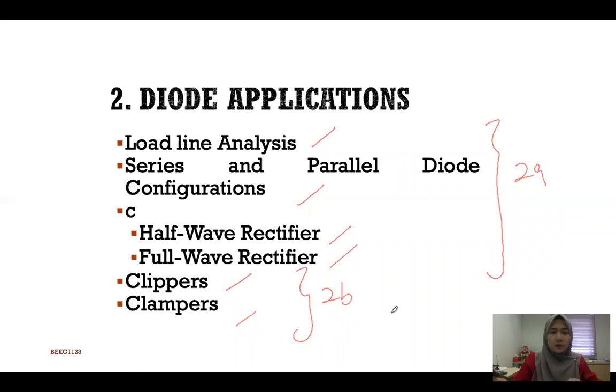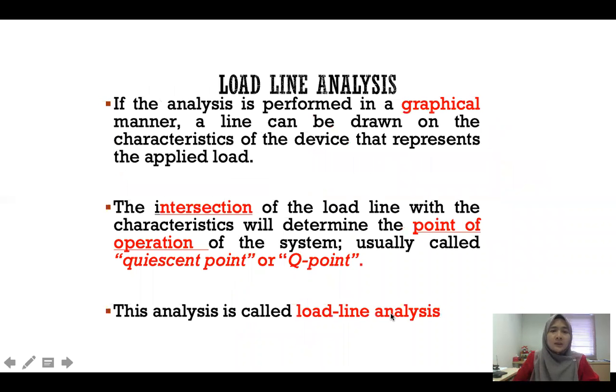Okay, so without wasting time, let's go directly into what is load line analysis. It is stated here that if the analysis is performed in a graphical manner, a line can be drawn on the characteristics of the device that can represent the applied load.